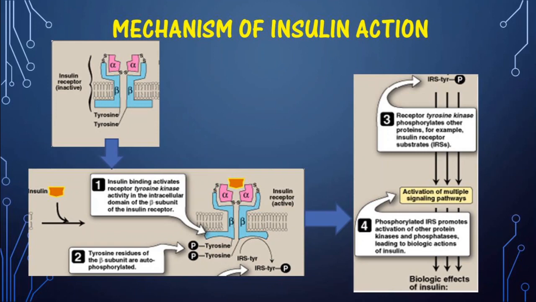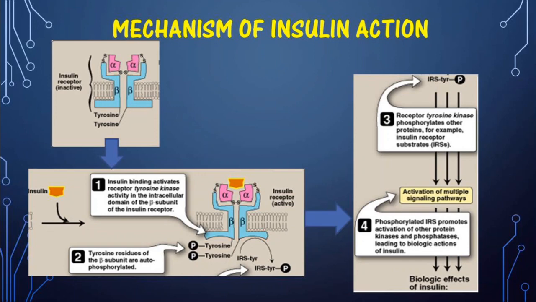So this is the inactive form of the receptor, and when insulin binds to the receptor, which has the alpha and the beta subunits, the alpha subunit undergoes a conformational change which is related to the beta subunit, and the beta subunit has autophosphorylating tyrosine molecules. It's called autophosphorylating because the tyrosine molecules have a tendency to undergo phosphorylation automatically without any external enzyme or help.